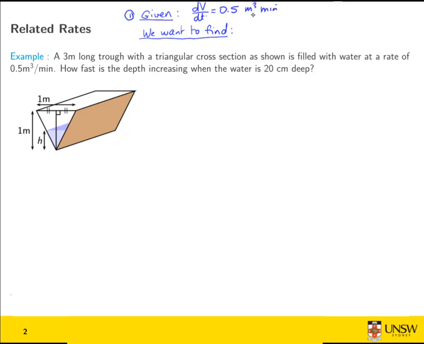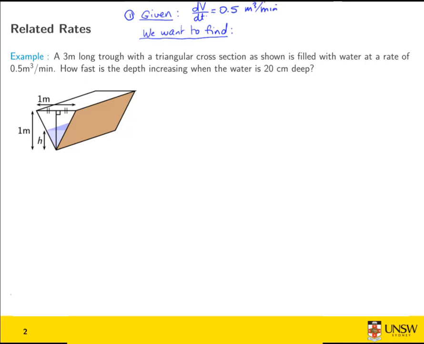You could actually check your work using the units. You want to be dividing cubic meters, so at the top you have a volume, by a time, a volume over a time. What we want to find is how fast the depth is increasing. So the depth is this distance h, and we want to know how fast it's increasing. How fast means with respect to time.